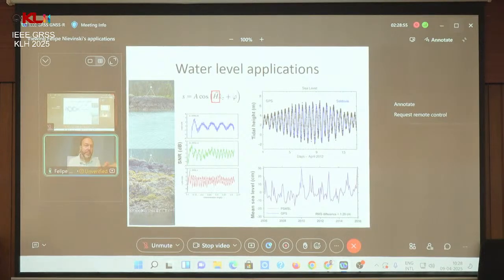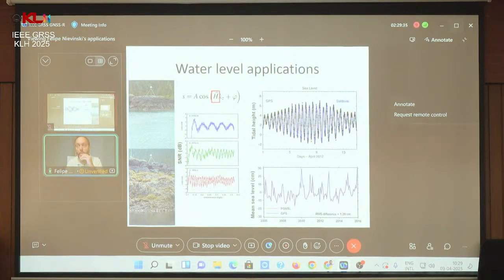We sample SNR, as I said before, at 1 hertz, but the retrievals occur at irregular times within a day, because it depends on when the satellite decides to rise up and set down on the horizon. Okay, it's predictable from the satellite orbits, but when you just look at the time of the day, it may seem irregular.